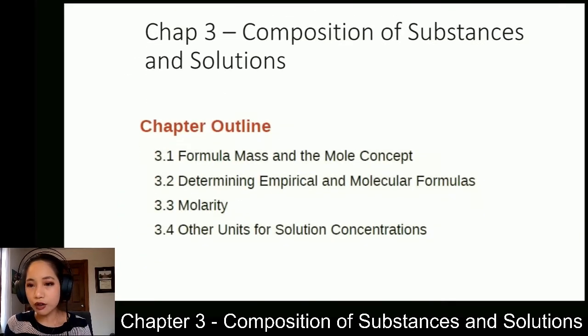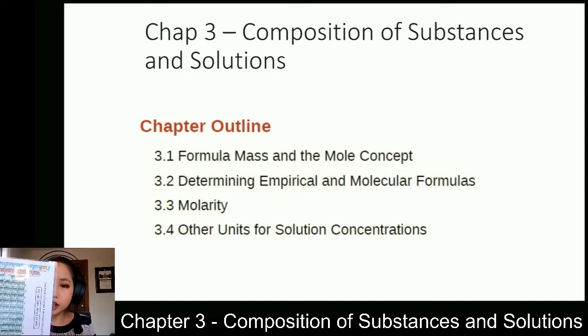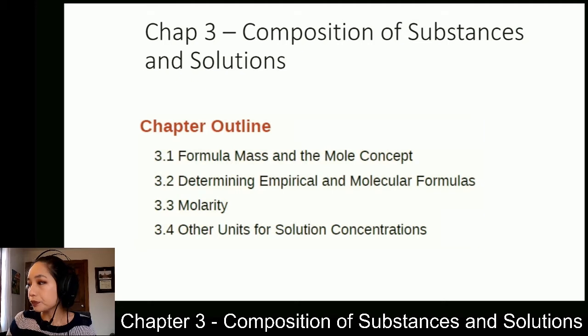All right, so just an overview of the chapter. In the first half of the chapter, we will be looking at formula masses, molar masses of different substances based upon their chemical formula. We've talked about ionic and molecular formulas in chapter 2. So now we will be using those formulas in conjunction with the periodic table for use in calculations and dimensional analysis.